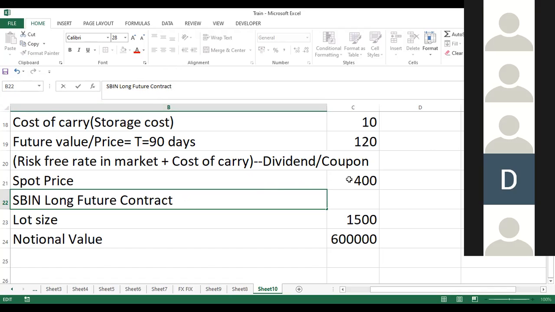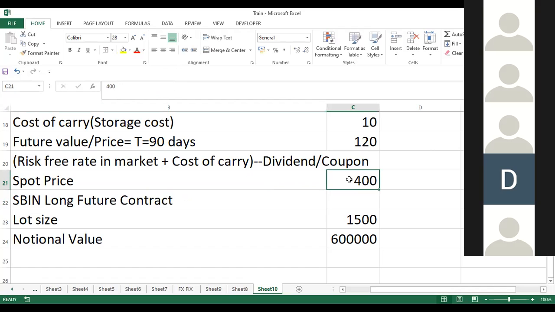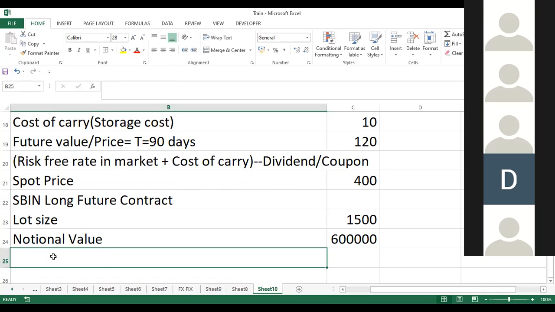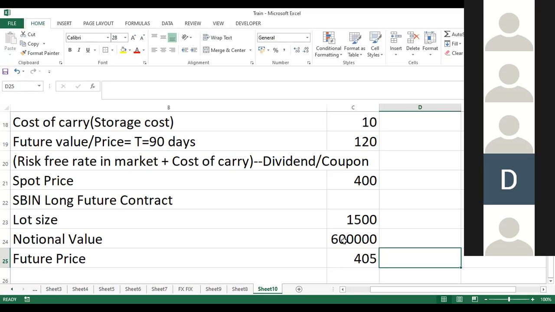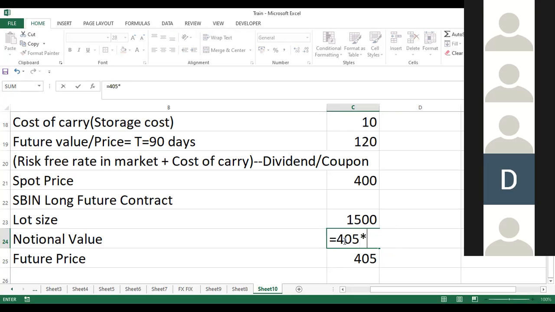At the moment the spot price is 400, and let's take the futures price as 405. Then the notional value will be different. It would not be 6 lakh, it would be 405 multiplied by 1500.